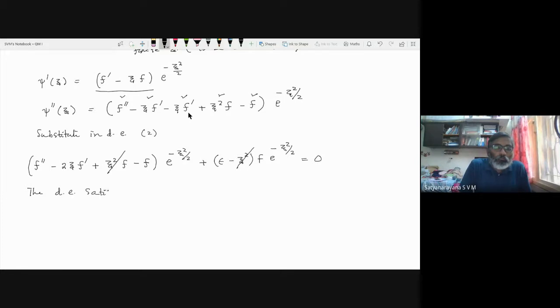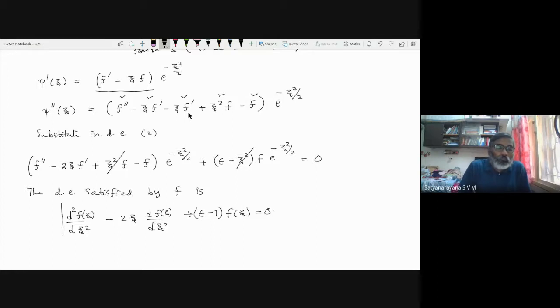So the differential equation satisfied by f is given by d2f of psi by d psi 2 minus 2 psi into df of psi by d psi plus epsilon minus 1 into f of psi is equal to 0.